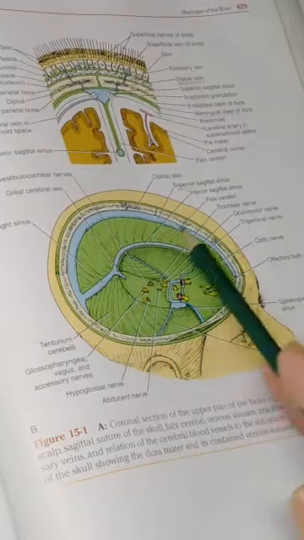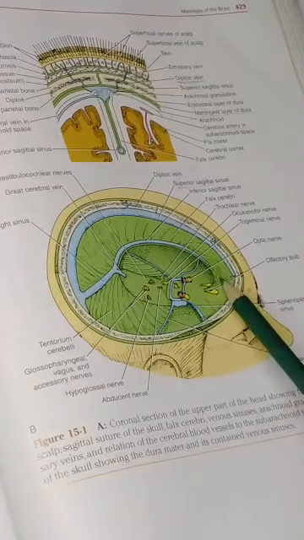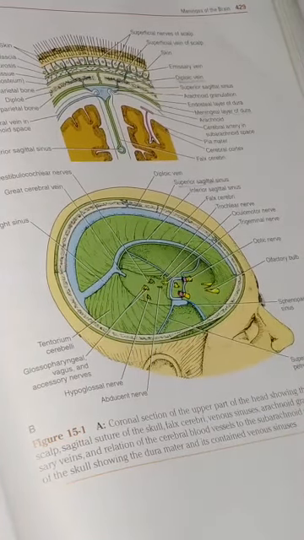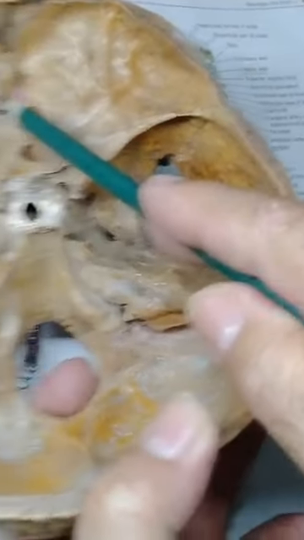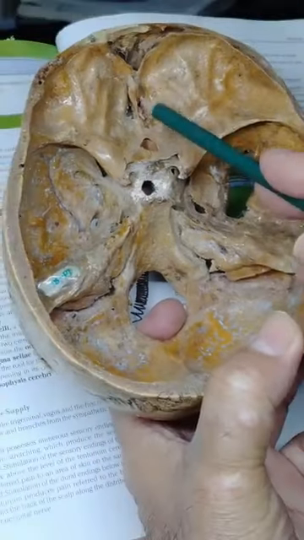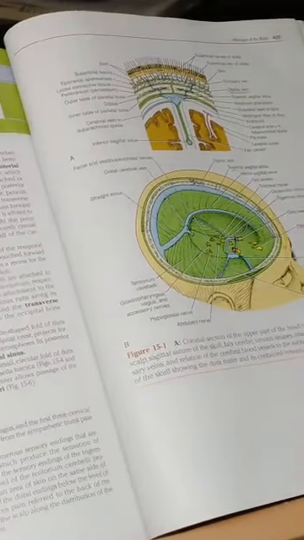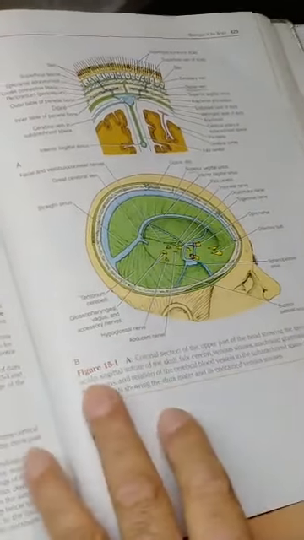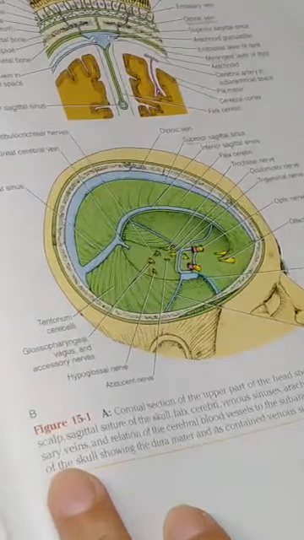And this is the anterior end of the falx cerebri, which I mentioned before, will be attached here in the crista galli and frontal crest. So the anterior attachment of the falx cerebri is into the crista galli and the frontal crest.